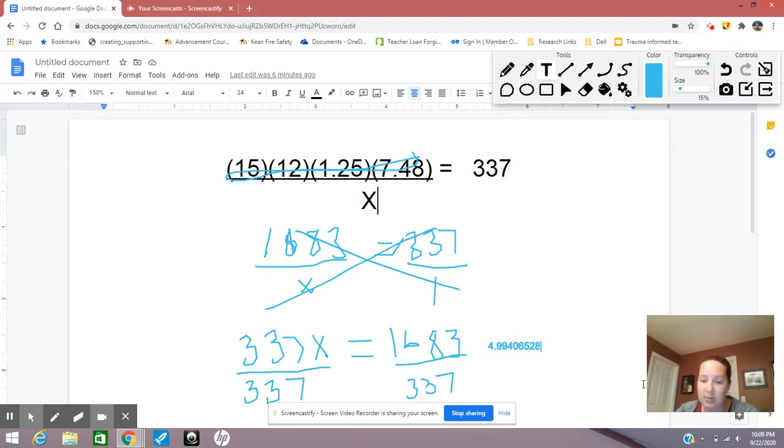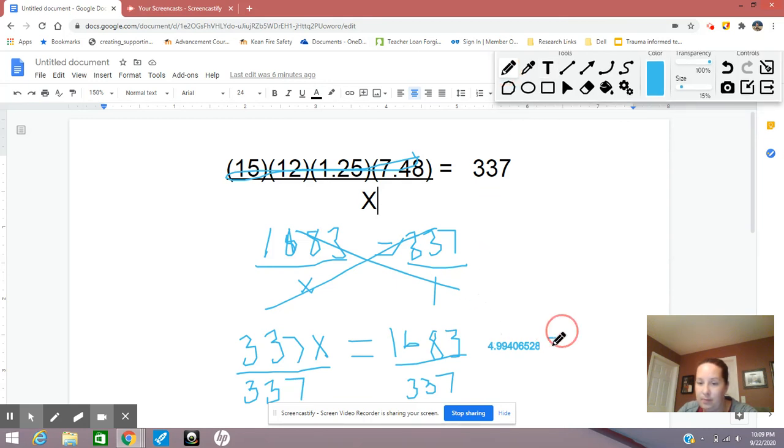Okay, so your x would equal that number. I would write it down here, but I don't have any more space. So when you divide 1,683 divided by 337, you end up with this number to equal your x. And if you took this number and you put it up here and you solved it all over again, you would end up with 337.